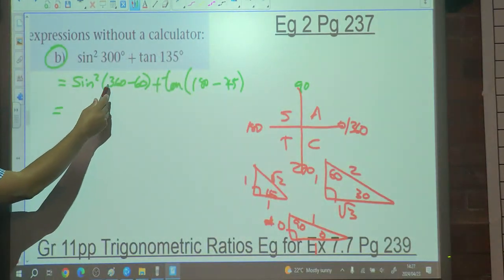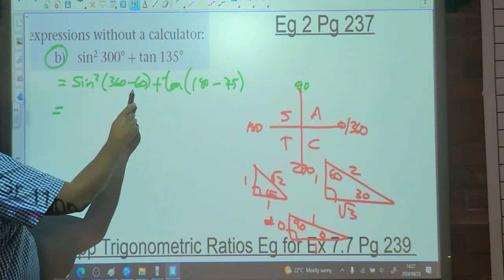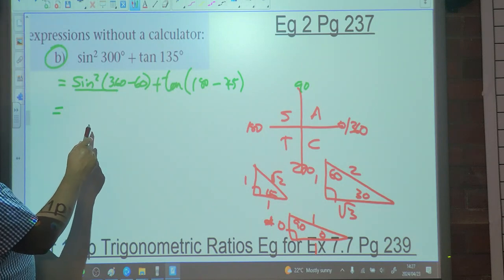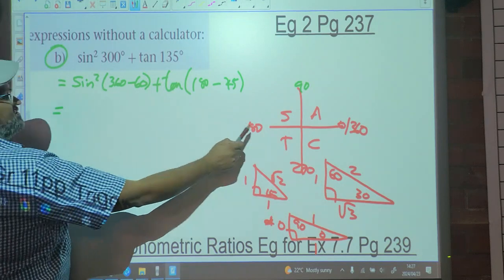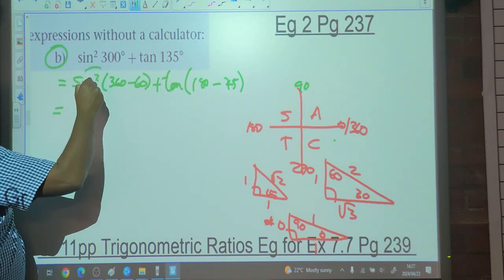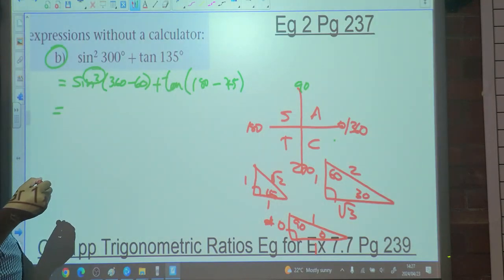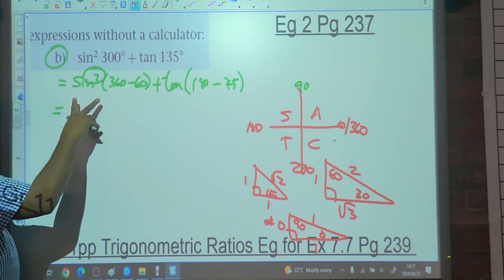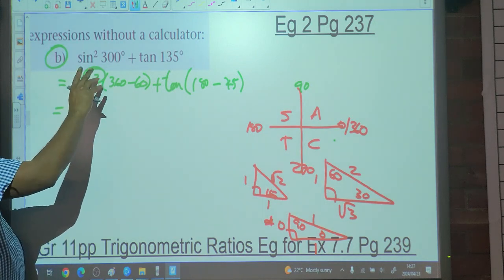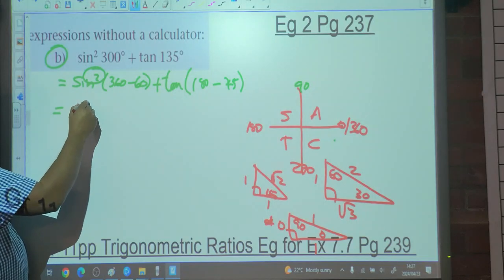Right, so sine squared of 360 minus 60 is in which quadrant? Fourth quadrant. Is sine positive or negative in the fourth quadrant? Negative. But because of the square, it's going to remain positive. Why? Because there are 2 sines, and negative times negative is of course positive.